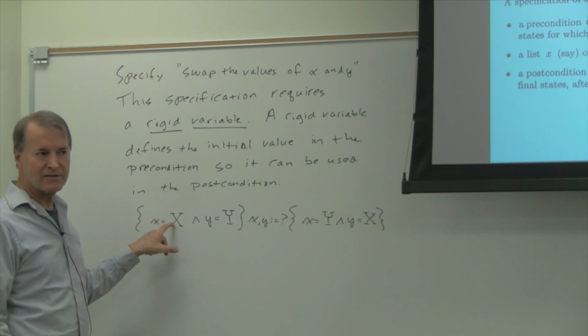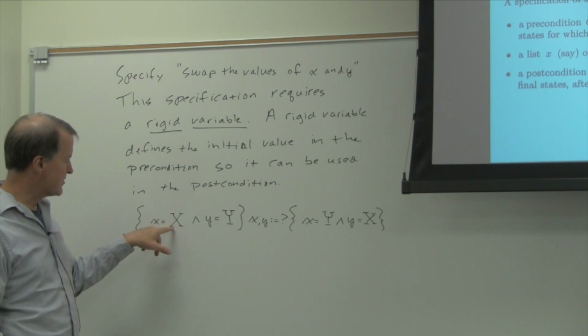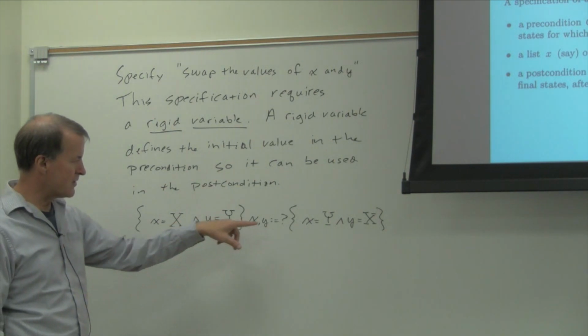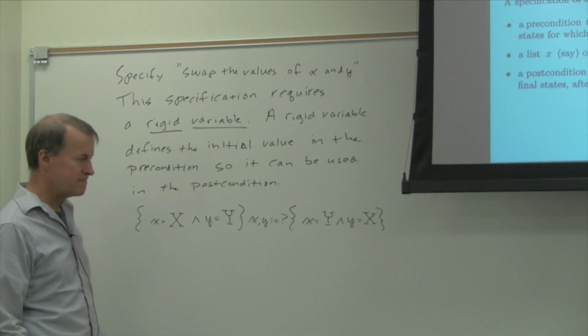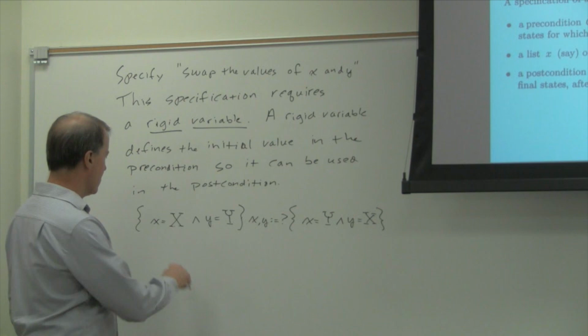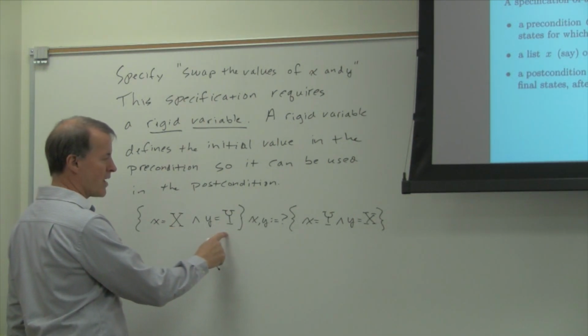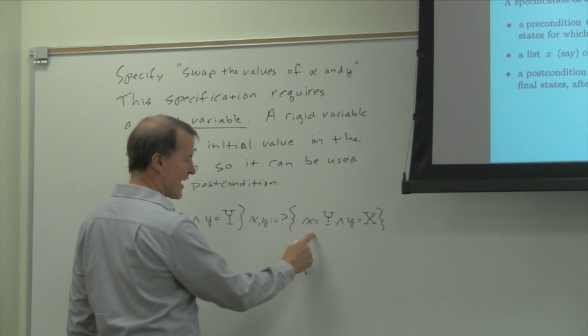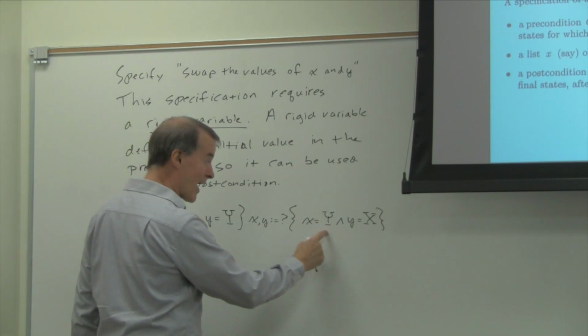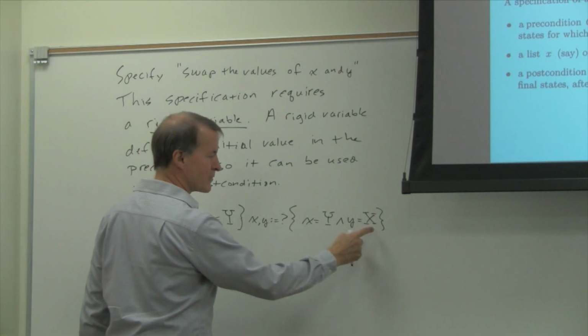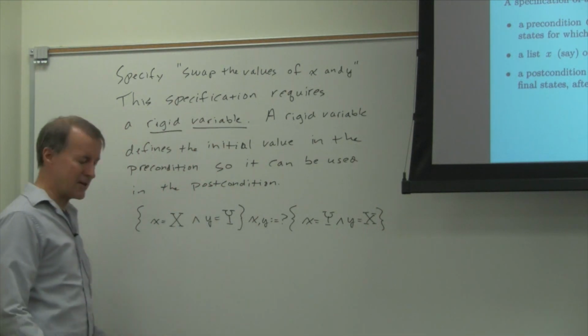The rigid variables will be written uppercase with serifs. So the initial value of x is rigid x. The initial value of y is rigid y, and in the end, x has the initial value of y, and y equals the initial value of x.